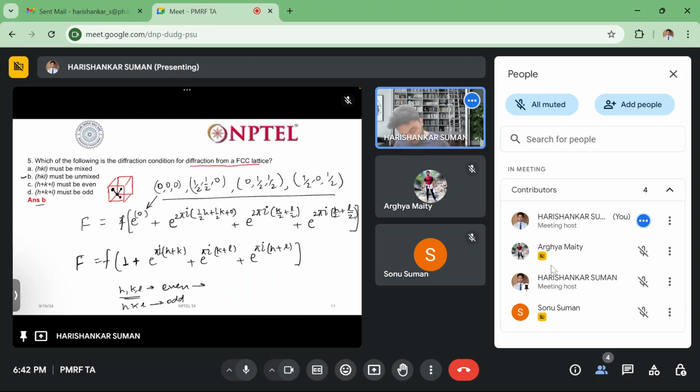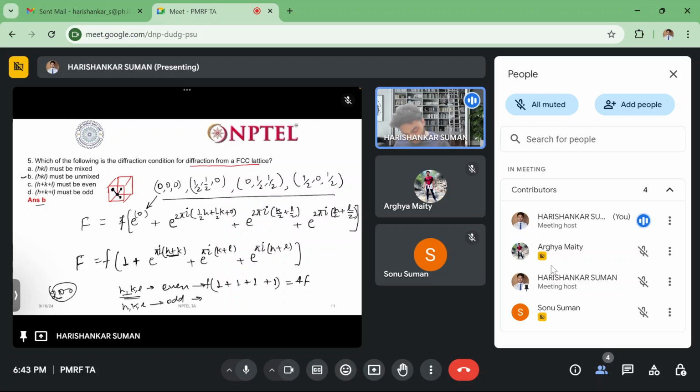For even, let's say 2 0 0. The sum of two evens is also even. So if this is even, then this is 1, this is 1, this is 1, and F equals 4f.